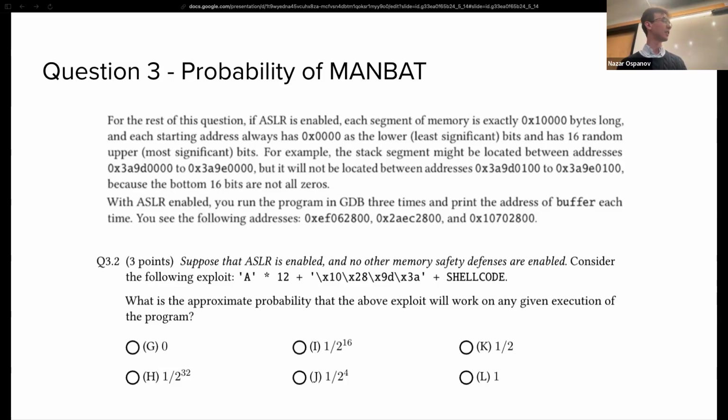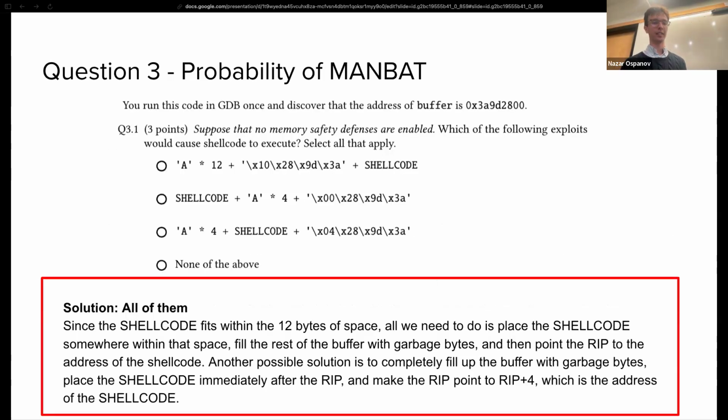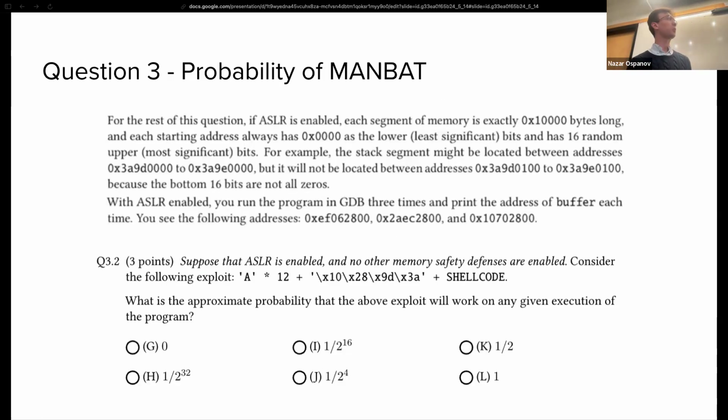And the reason it is 1 over 2 to the power of 16 is, note that from the previous part, we already noticed that this is a valid payload to execute this shellcode. So what we only need to do is ensure that the most significant bits start with 3A9D.